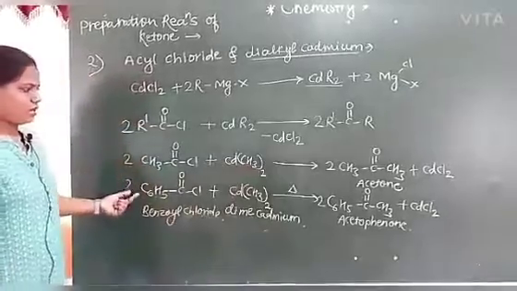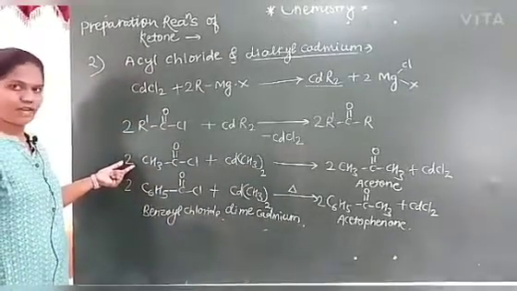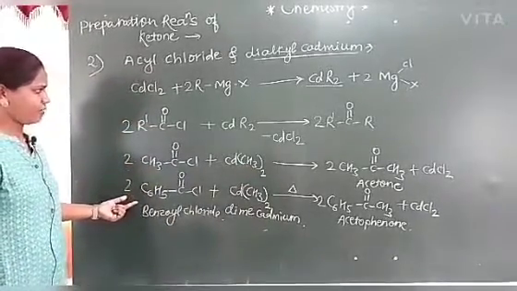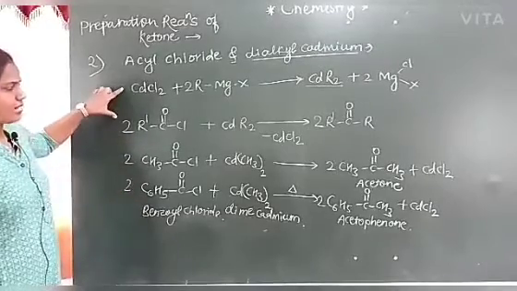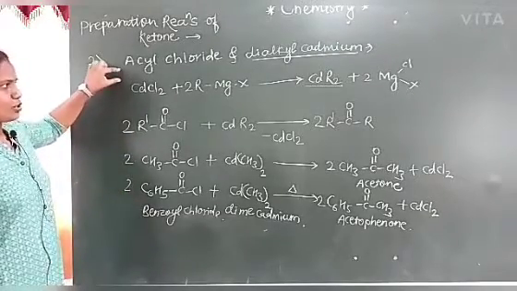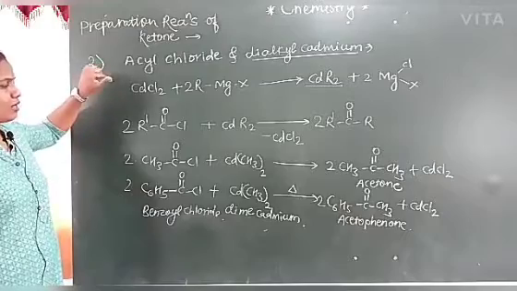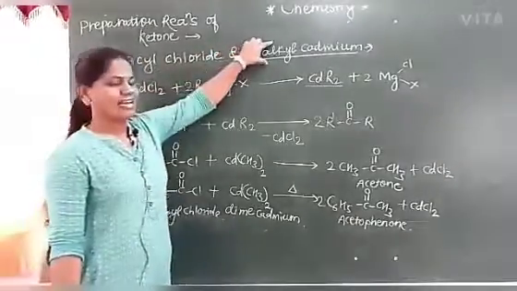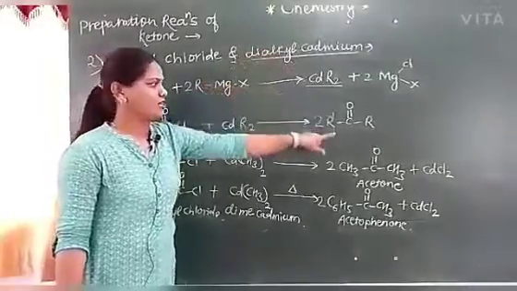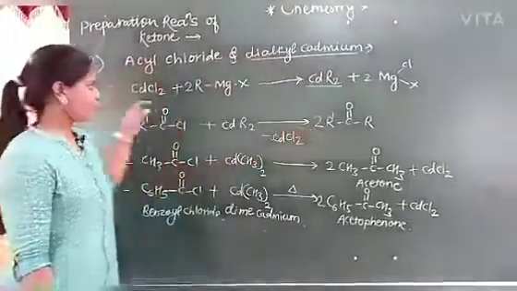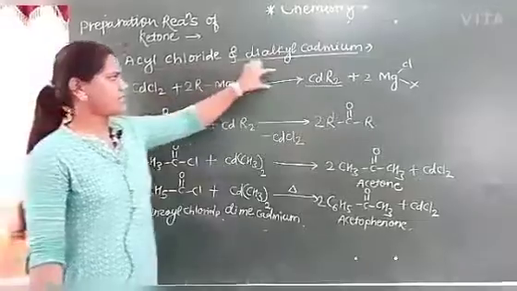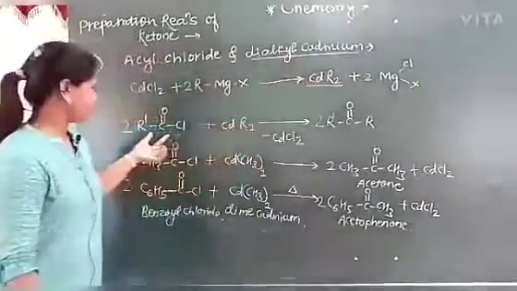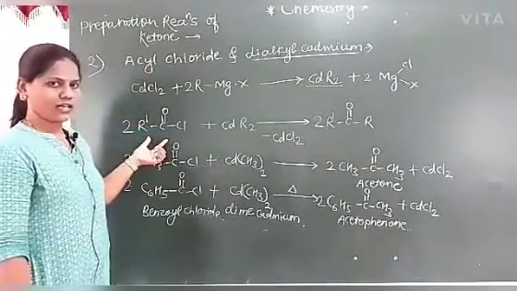So these are the 2 examples, one of aliphatic, another of aromatic, and this is the general reaction. Before the general reaction you have to mention the statement. What will you write in the statement? When acyl chloride reacts with dialkyl cadmium, it forms the corresponding ketone. First of all you have to write this reaction, and then this is the second part of the reaction.